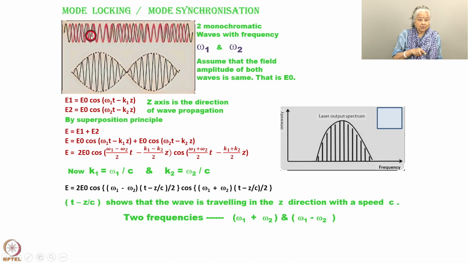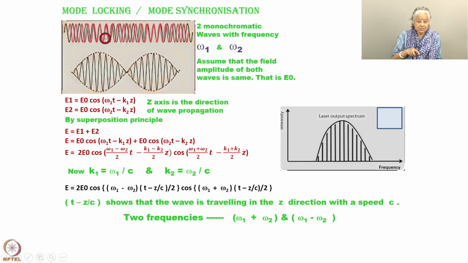If you pay attention to these two frequencies, the red and the black, you can see in this region they are destructively interfering, not exactly in phase. Zero phase difference is not there between the two.